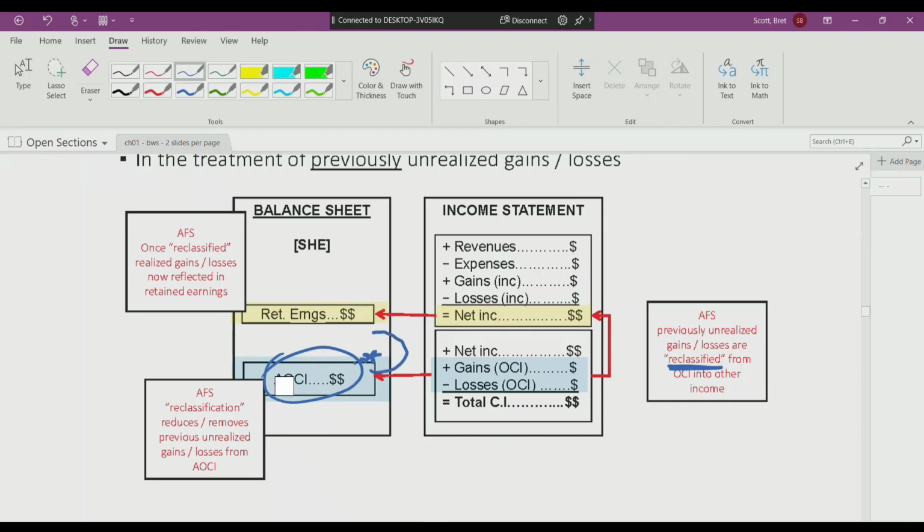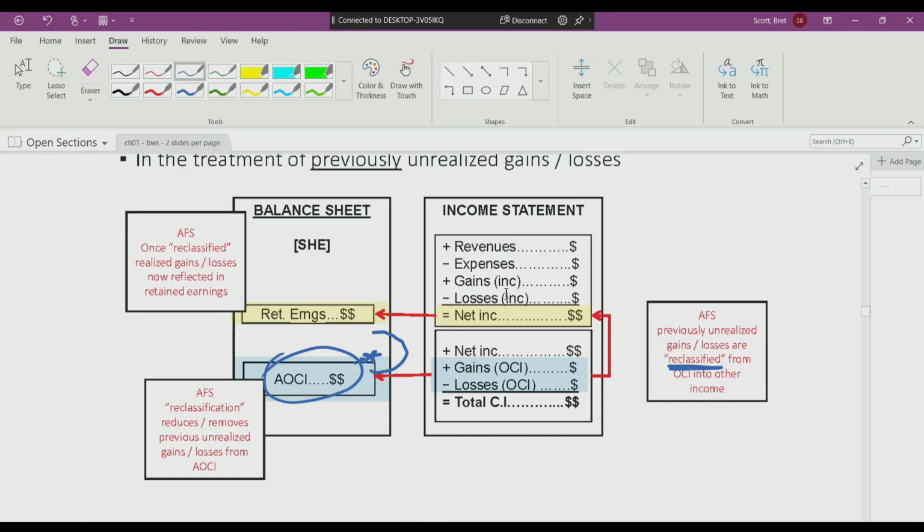What the FASB says we need to do is show a reclassification somewhere in OCI in an offsetting realized gain or loss up in the income statement. So we're kind of shifting it up into the income statement.